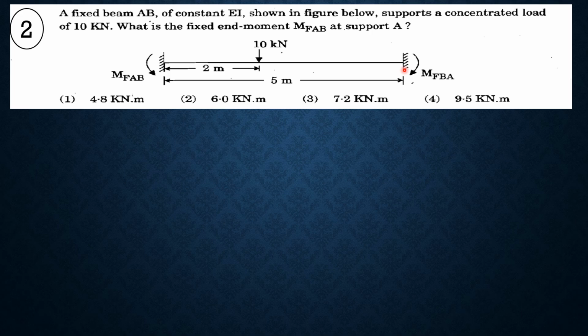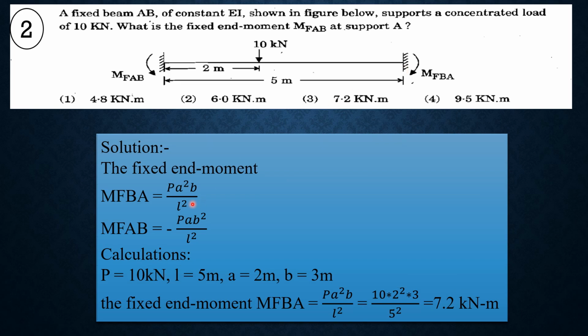To calculate the fixed end moment, for MFBA the formula is P a squared b by L squared, and for MFAB the formula is minus P a b squared by L squared. Here a is from the first support to the load, and b is from the load to the second support.